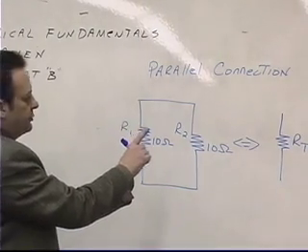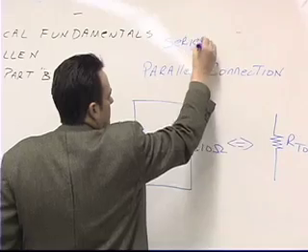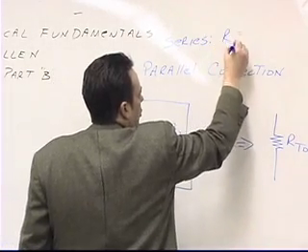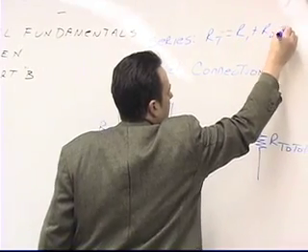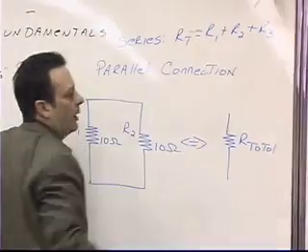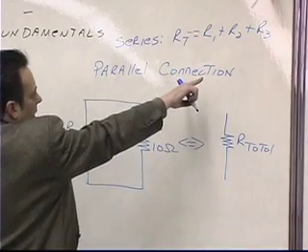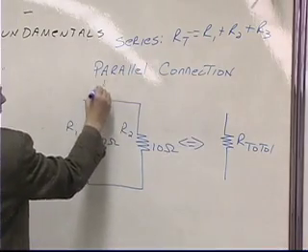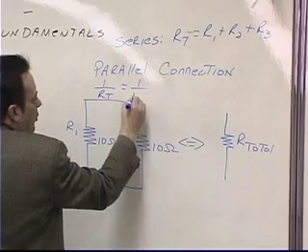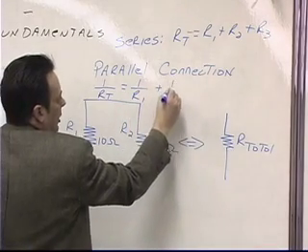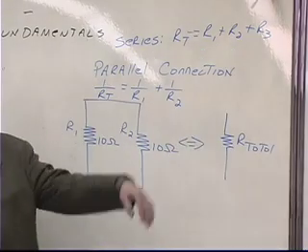Let me show you how that works. When we had the series resistors, we found that the total resistance is equal to R1 plus R2 plus R3 and so on. In the parallel connection, it turns out that 1 over R total is equal to 1 over R1 plus 1 over R2 plus 1 over R3, and so on.